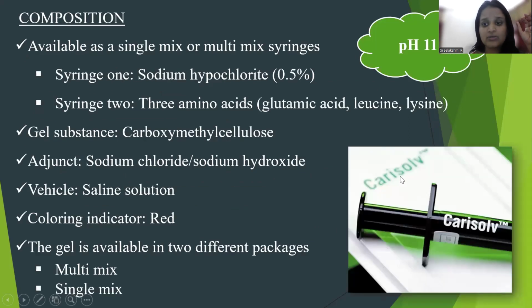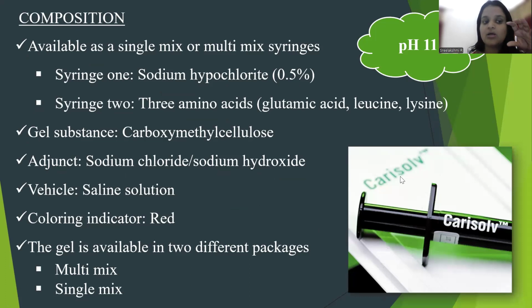So the composition is available as single mix or multi-mix syringes. Syringe 1 contains 0.5% sodium hypochlorite. Earlier it was 5%, now in Carisolv it is only 0.5%. Syringe 2 contains three amino acids, that is glutamic acid, leucine, and lysine, and the gel substance. This is actually in a gel form.